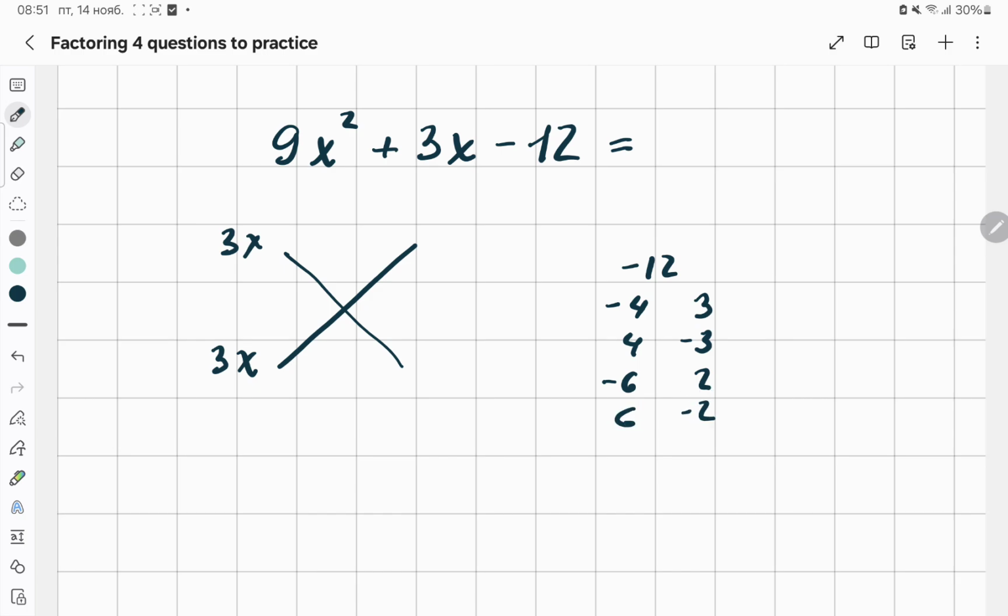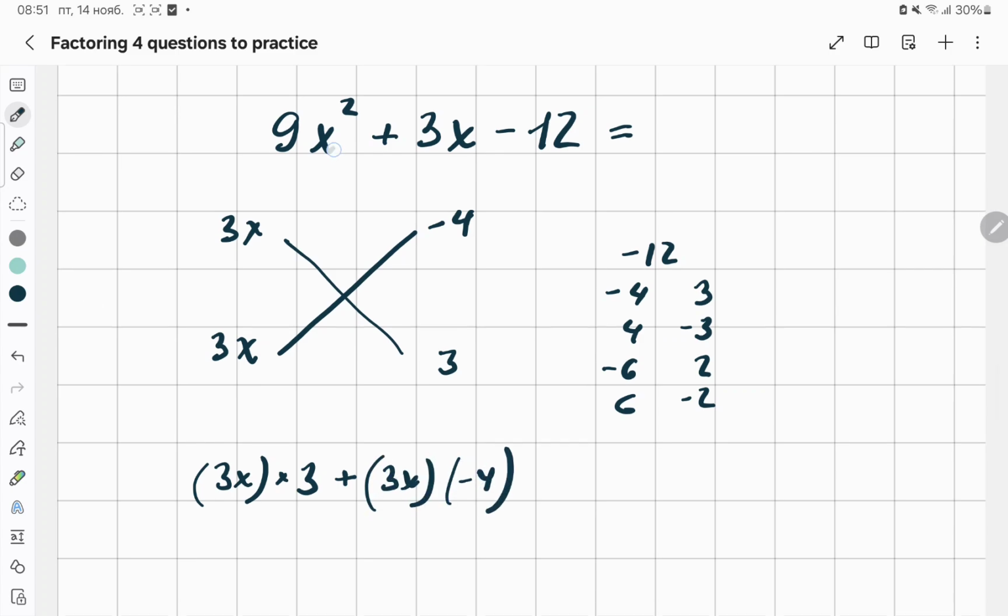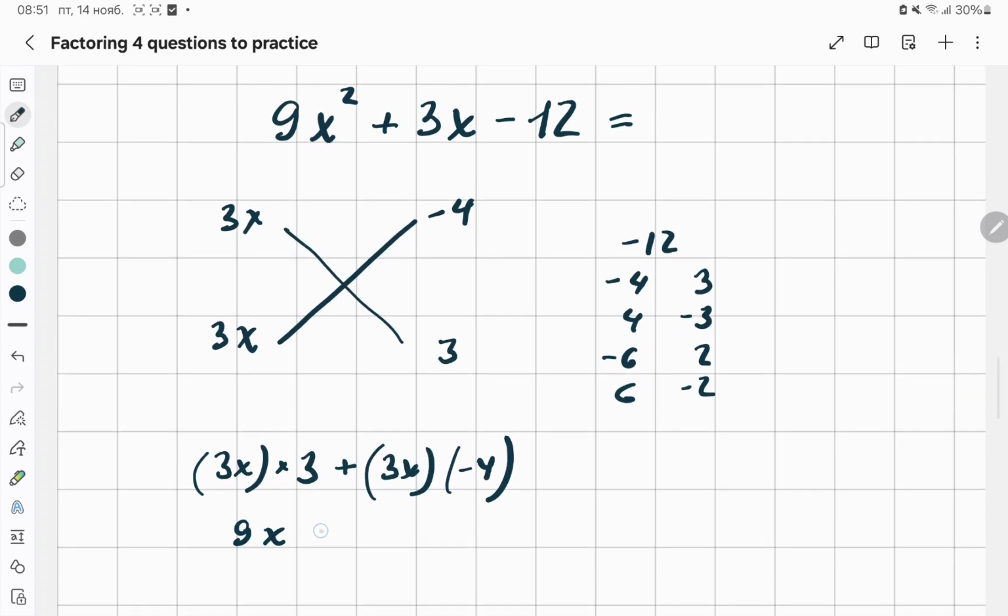Okay, let's try with 4 and 3. One of them should be with minus. So 3x times 3 plus 3x times negative 4. So we will have 9x minus 12x. It's negative 3x. Very close here, because we have 3x and negative 3x, but it's not matched.